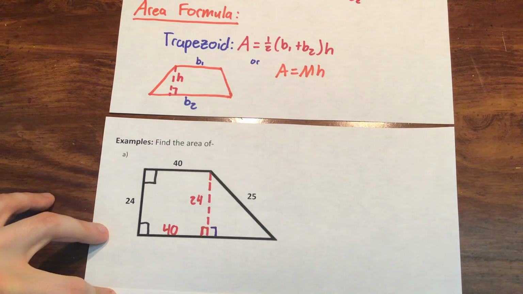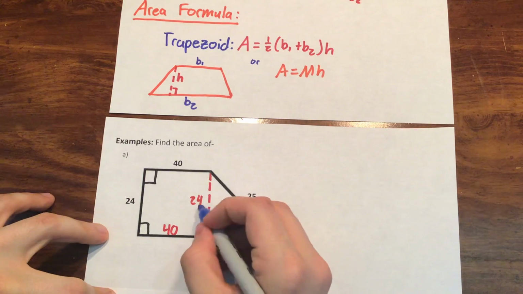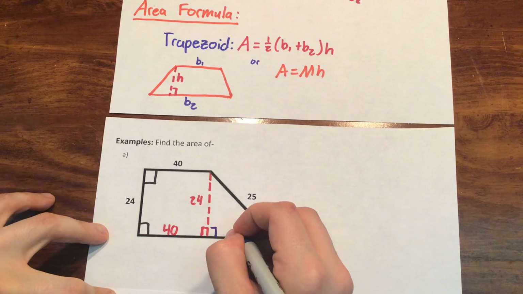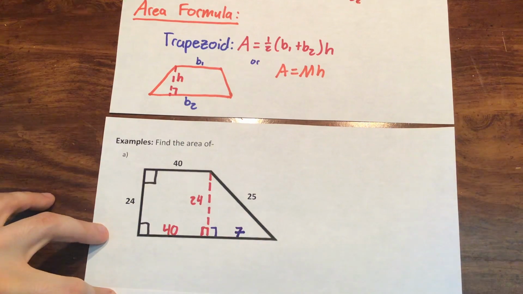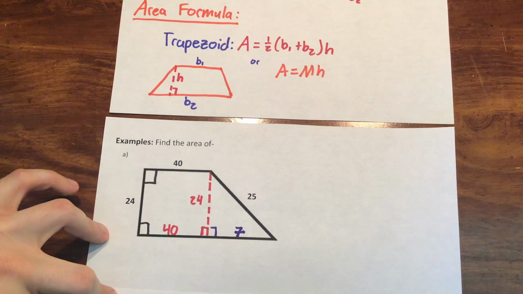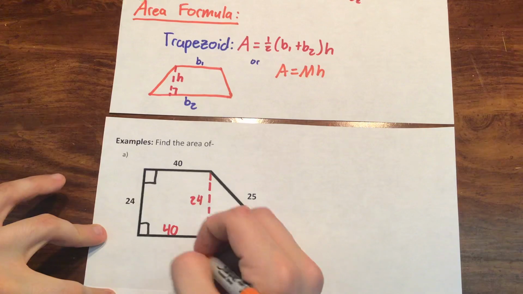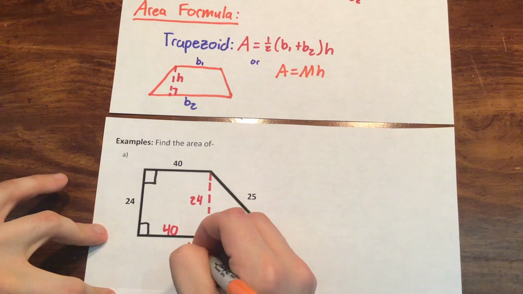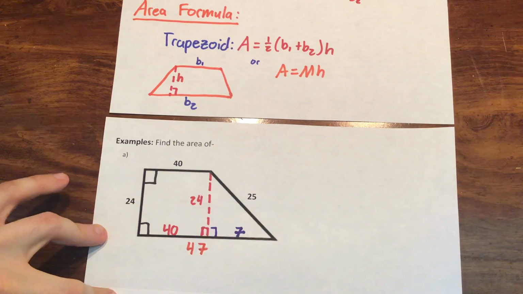Or if you know your Pythagorean triples well, you actually know that 24 and 25 is going to give you a last side measurement of 7. 7, 24, 25 is a Pythagorean triple. Now we add them together and we get our second base length, or base 2 length, is 47 units.